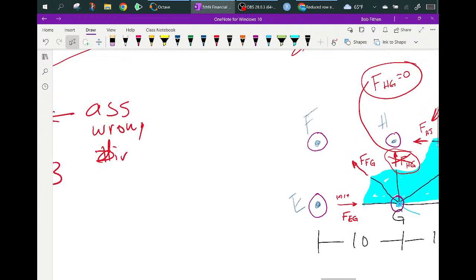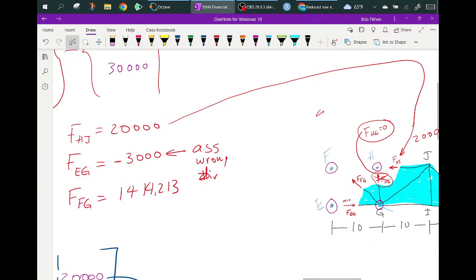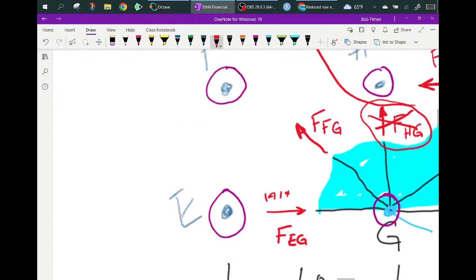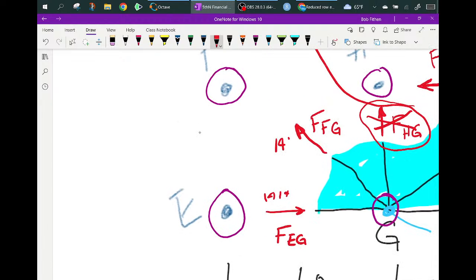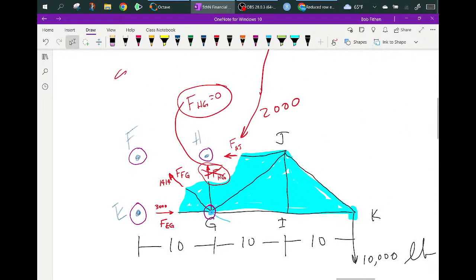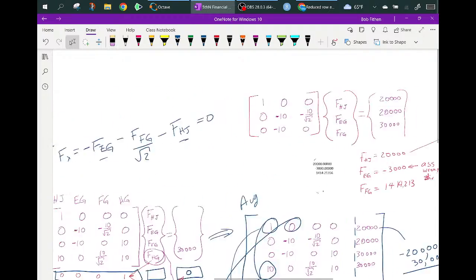And then the other one is, no, that was 3,000. Sorry about that one. This one was the 14, 14, which kind of makes sense. That looks like square root of 2 in there. This one was 3,000. And so you're pretty much done.